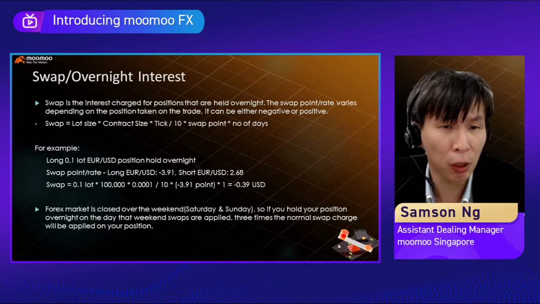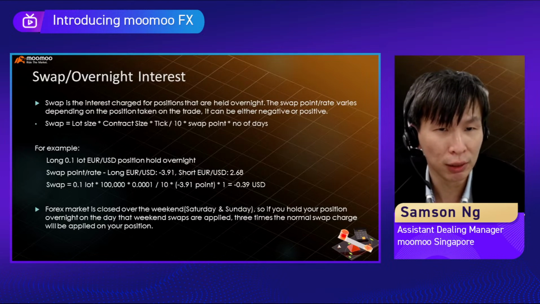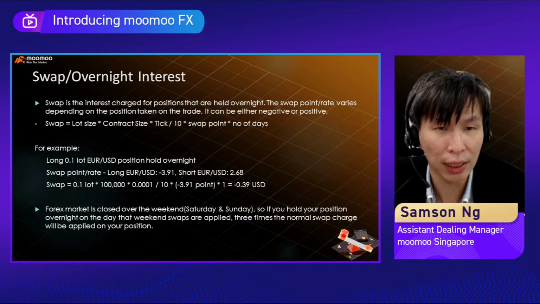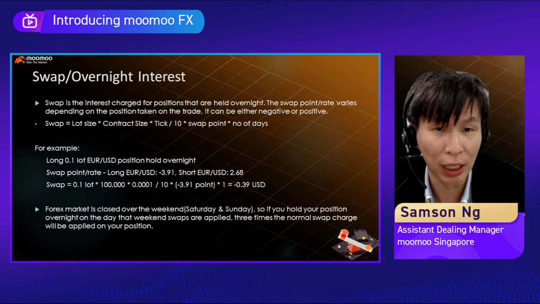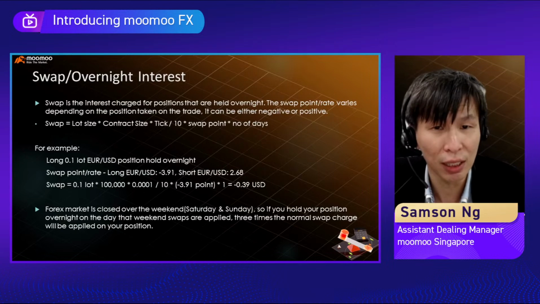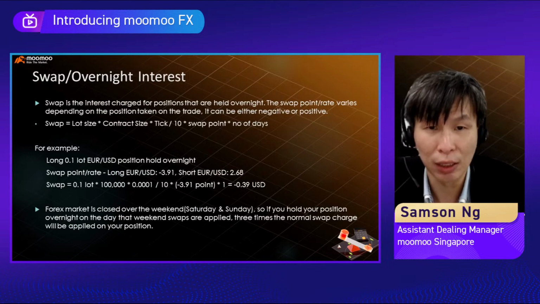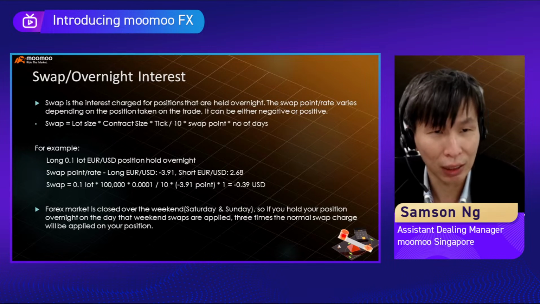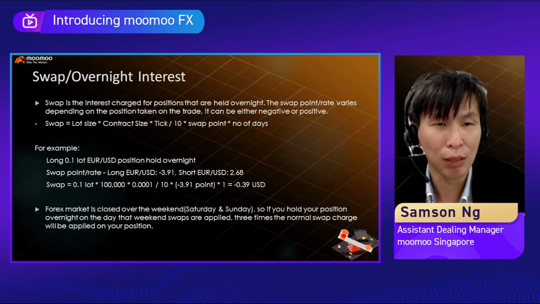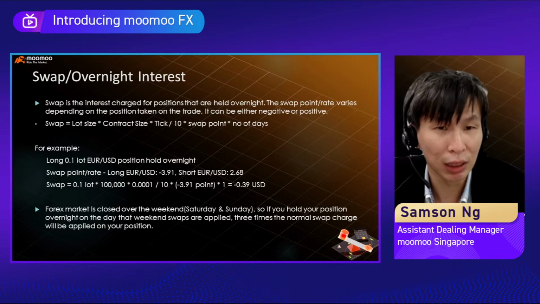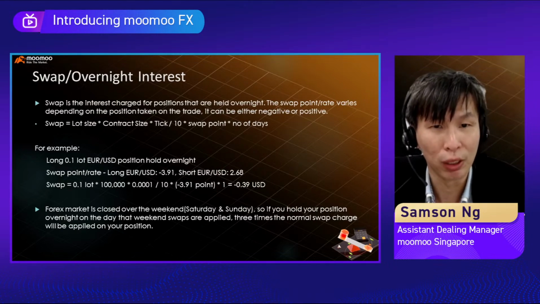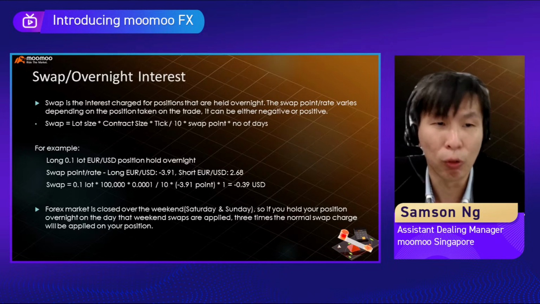We go long 0.1 lot EUR/USD, and the swap rate for the long side is negative 3.91, and for the short side is positive 2.68. So the formula is that you take the lot size 0.1 times 100K times the tick, divide by 10, times the swap point, and times the number of days of swap.